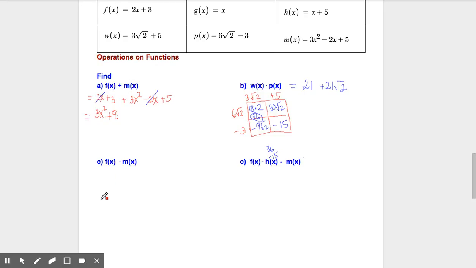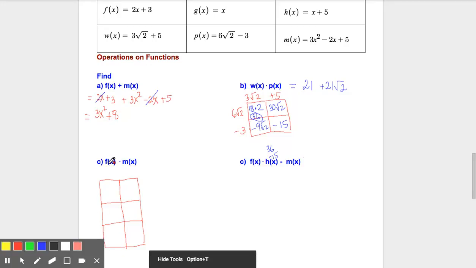The length is f of x. So I could have here a tall rectangle. Well, we're going to have here 3 partitions for the width.